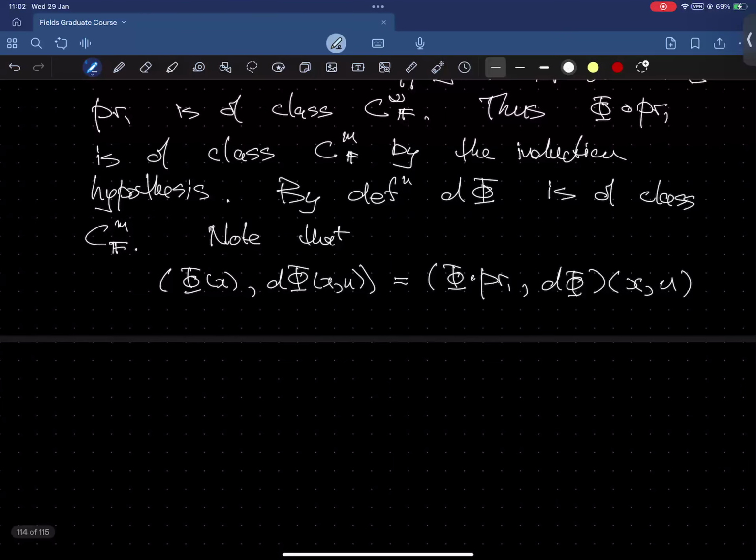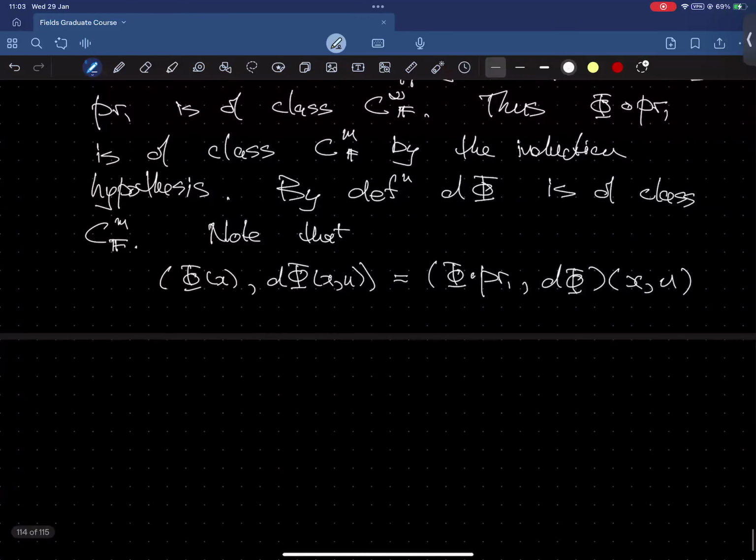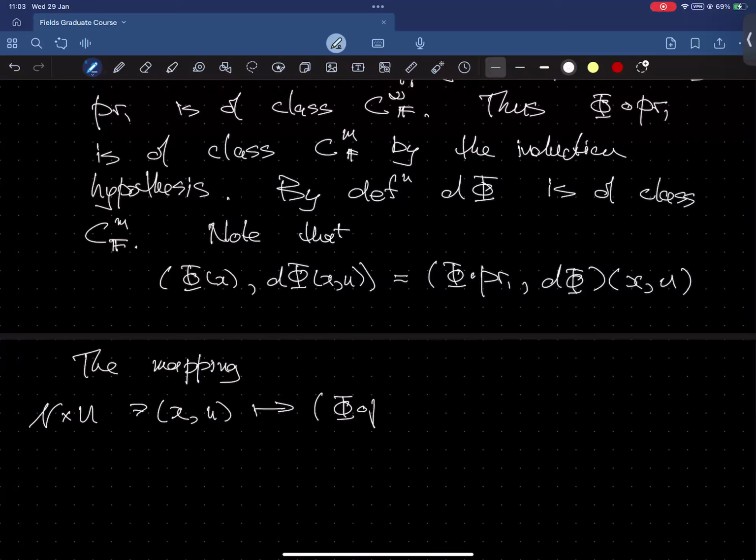So the mapping u maps to the pair, and this is in N cross U, which maps to this thing. Where does this thing live?